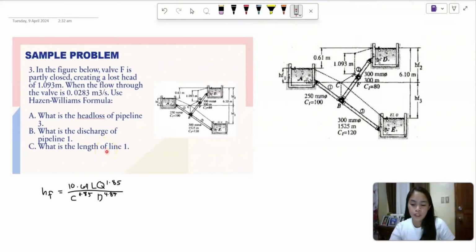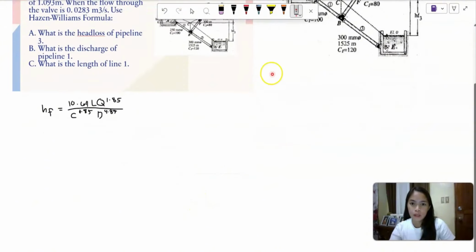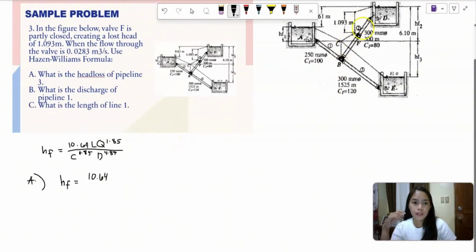So first, in order for us to get the head loss at pipe 3, we need first to get the head loss of this pipe 2. So to get the head loss of pipe 2, HF, then 0.64 L. So our length here is 300.